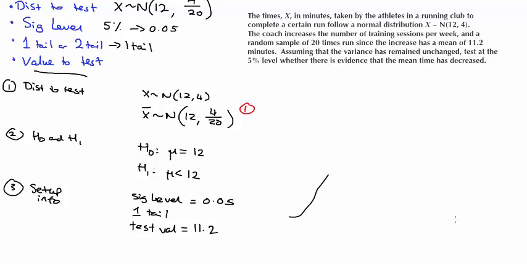So here's what I'll do. Here's my distribution. I know 12 is in the middle. I am testing where 11.2 ends up. No, actually forget that. Here's another. So I'm saying I'm testing this bottom 5%, and all I'm trying to figure out is where my 11.2 lands up.